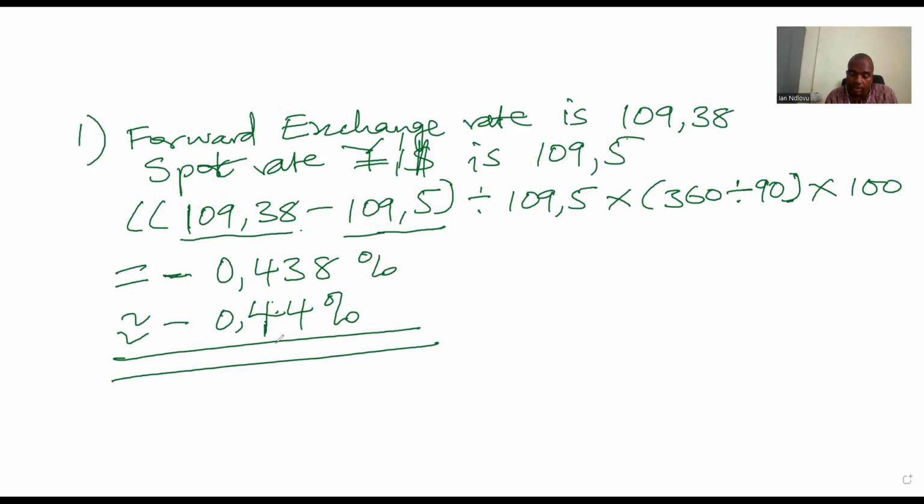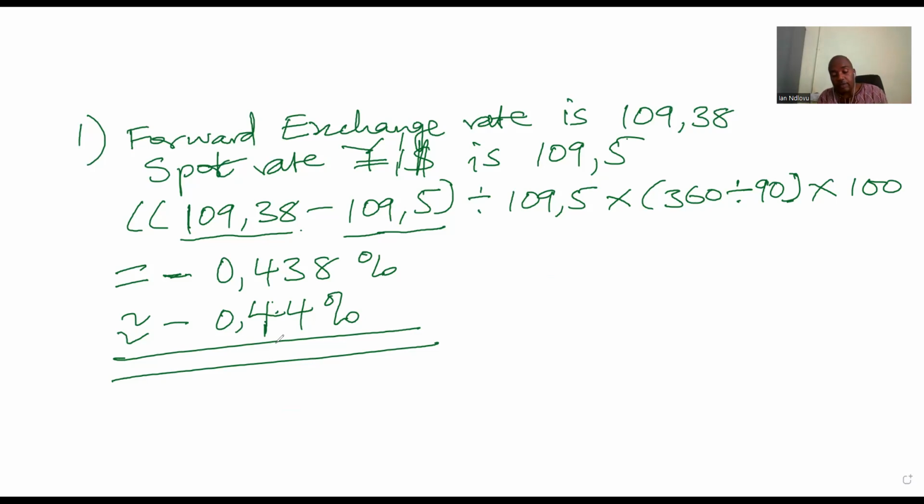Its forward rate is 109.38 after 90 days, whereas its spot rate is 109.5, which is higher. So we expect the Japanese yen to firm vis-a-vis the US dollar, and it will trade at a premium.